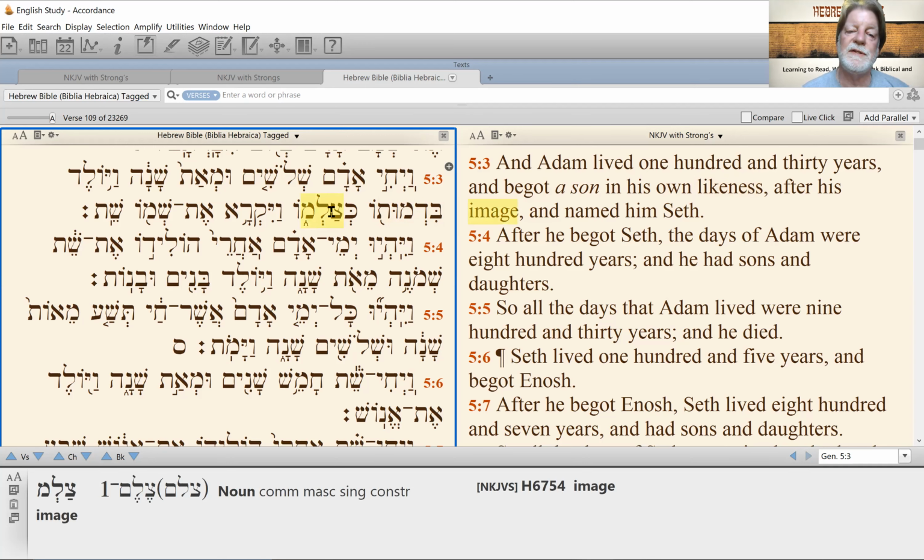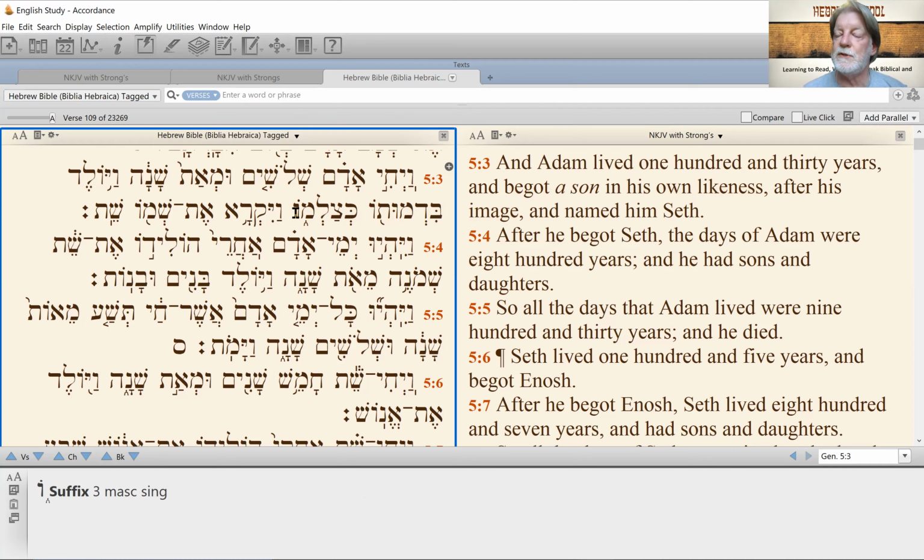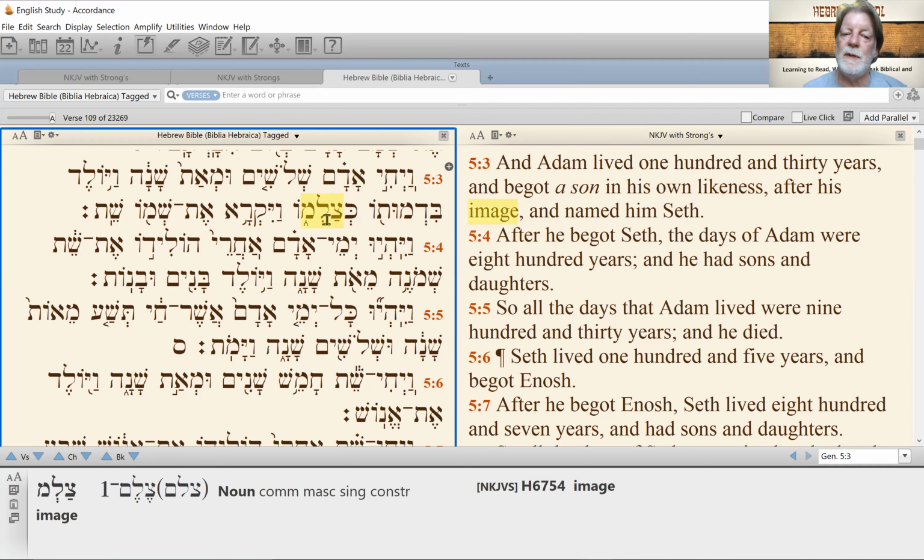Ketsalmo, like his image. Tselem is the Hebrew word for image. And again, the Holam Vav on the end is the shortened form of Oto, his image. And let me emphasize that it is normally a visual image.